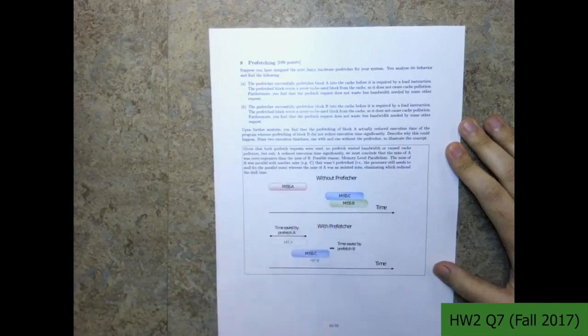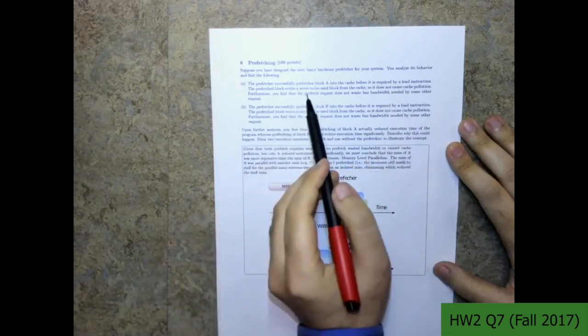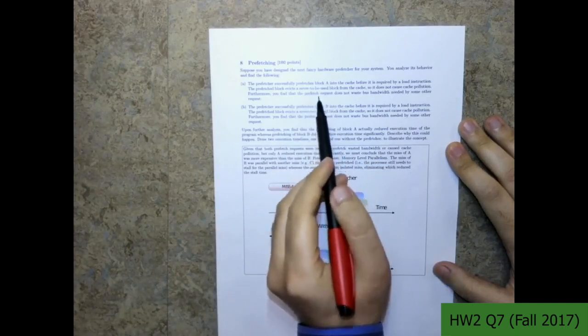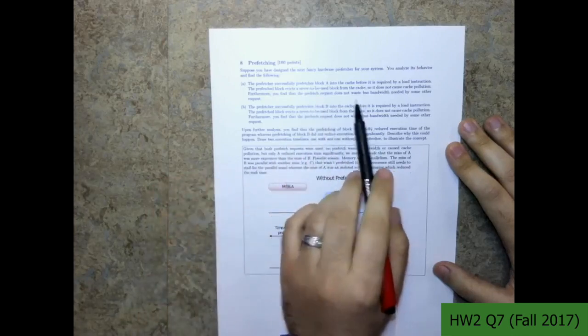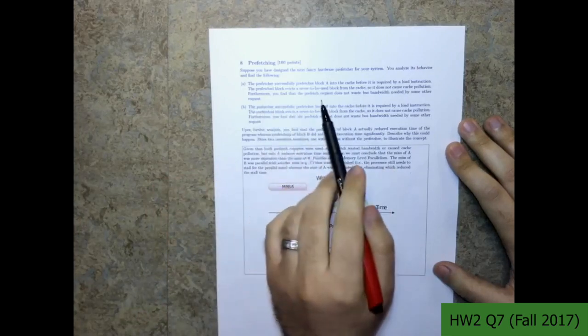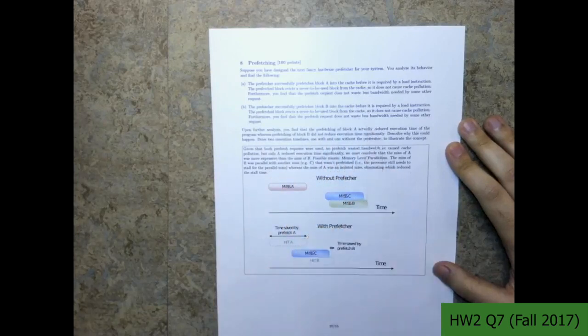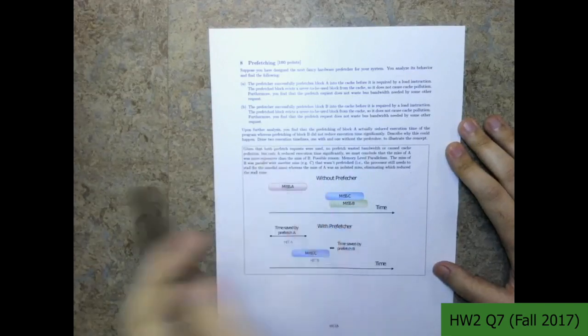Also, prefetching block A requires some block to be evicted from the cache to insert block A. But the good thing is that we evict a block that is never going to be used, which means a dead block in the cache. And our prefetcher doesn't waste bus bandwidth for another request. So actually, it's a good prefetcher.